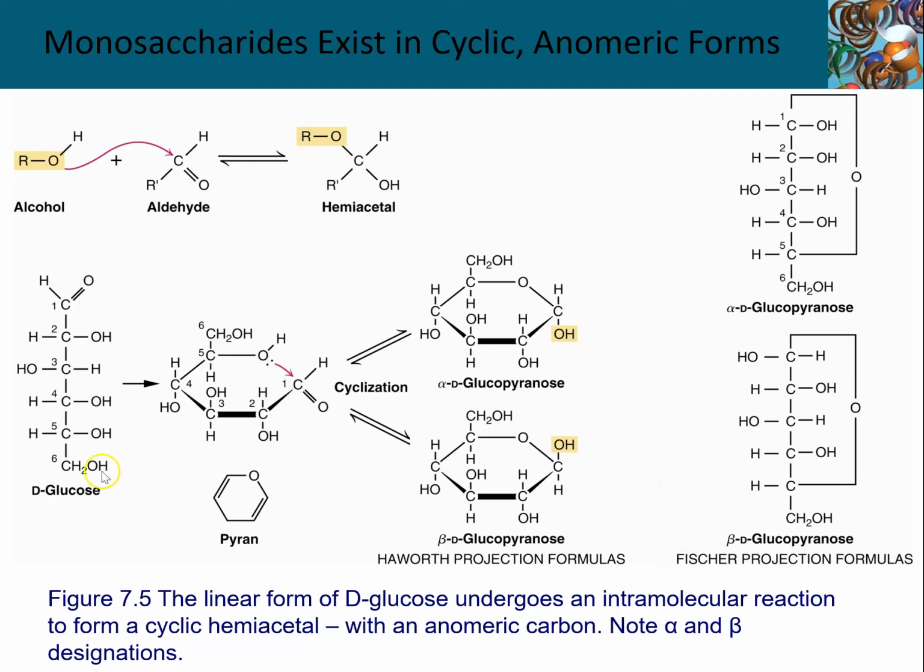So this is your Fischer projection of your non-cyclized, your linear carbohydrate. If you were asked to draw a Fischer projection specifically versus the Haworth projection, which you're going to see more commonly, you would just take your Fischer projection that you see over here on the left, and you would take the hydroxyl group, kick off that hydrogen, drag the oxygen all the way up here over to the middle, and then have that bond go all the way up and over to the 1 carbon.